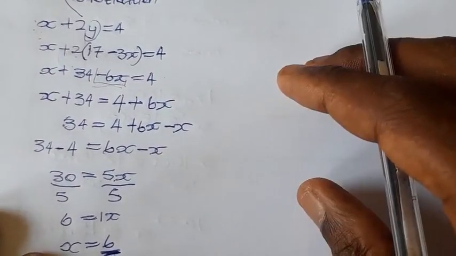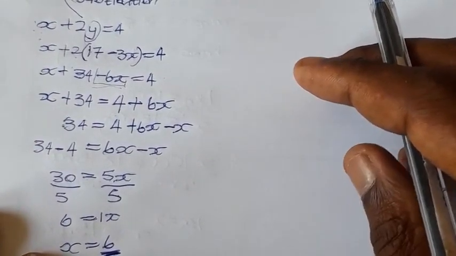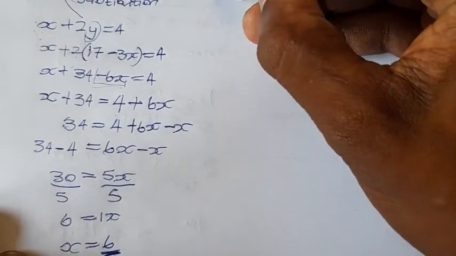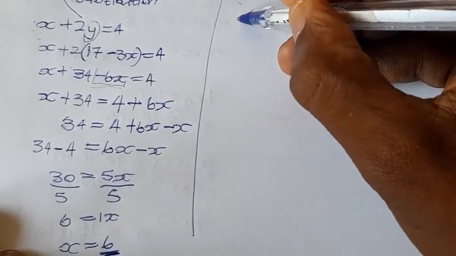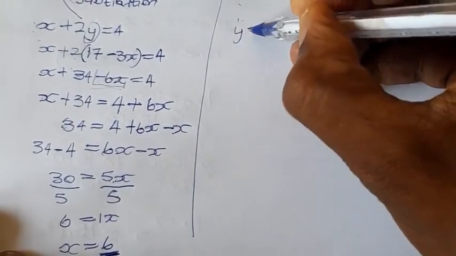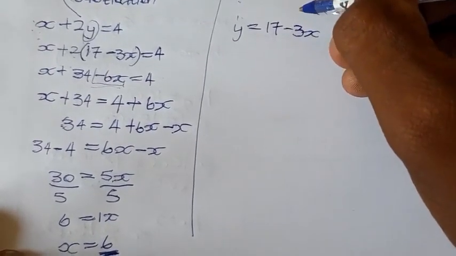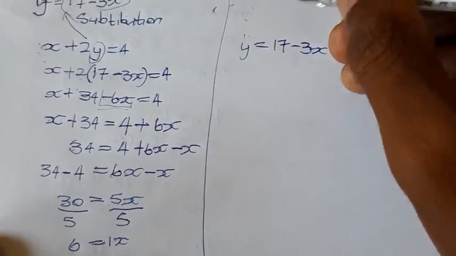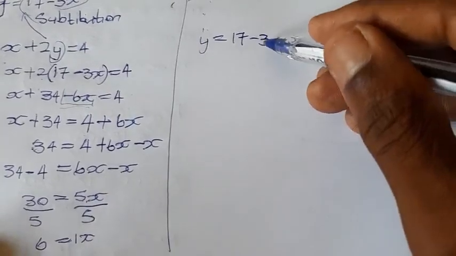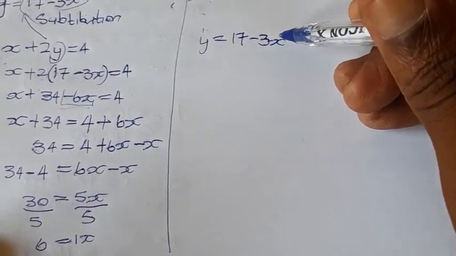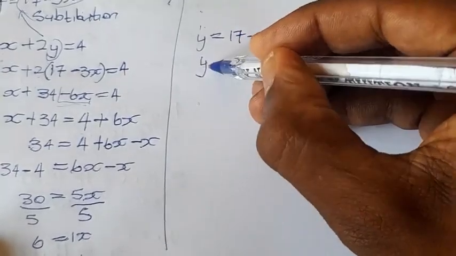This is how we do it. Y is equals to 17 minus 3x. We have used the formula that we just created here. Since we already know what x is, this is how we are going to continue.